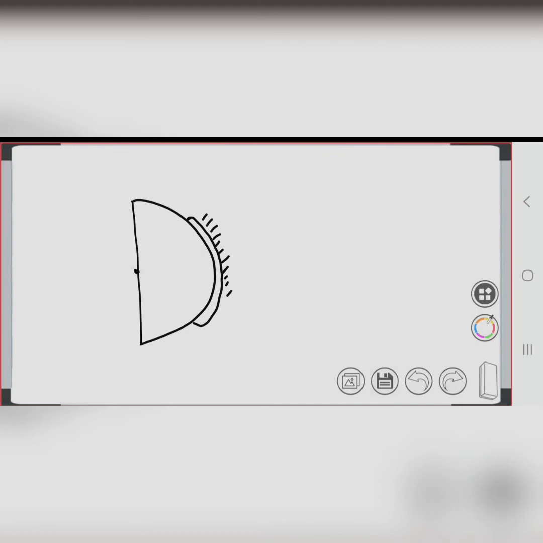So wherever is your 90-degree mark, that point you will take as your center of curvature.